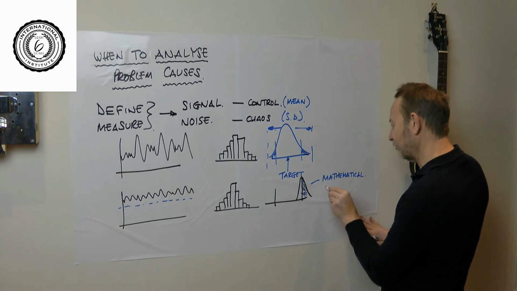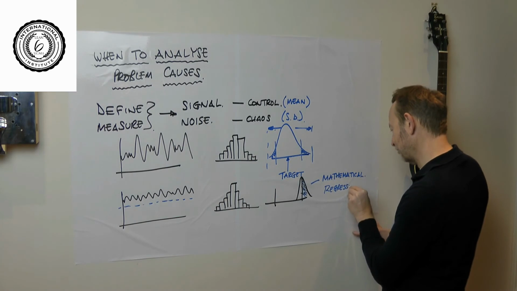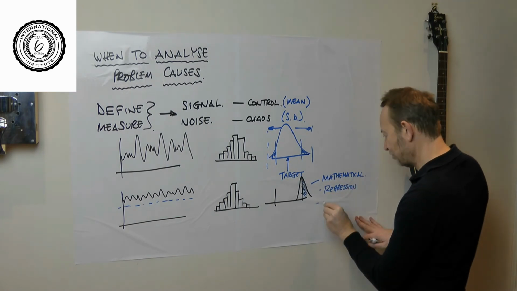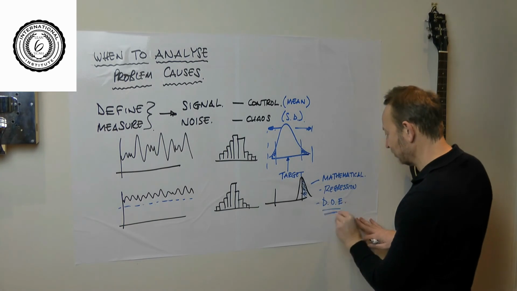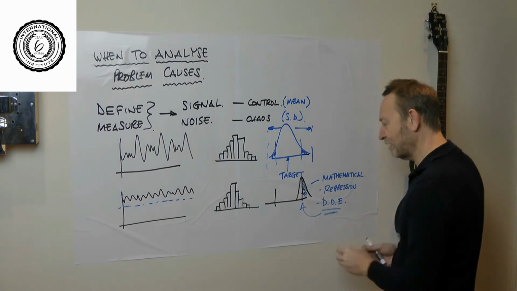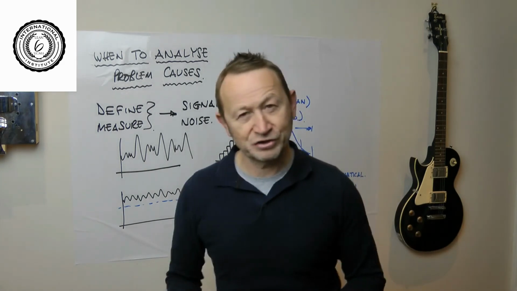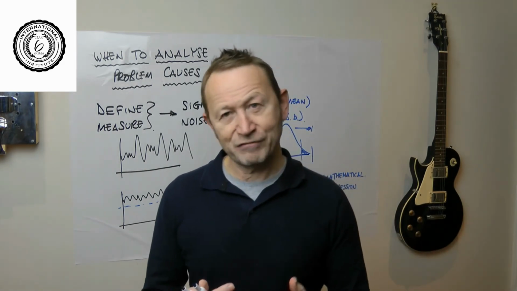So you're going to be looking possibly at regression information. You might consider doing a design of experiments in order to understand how to move that average around.